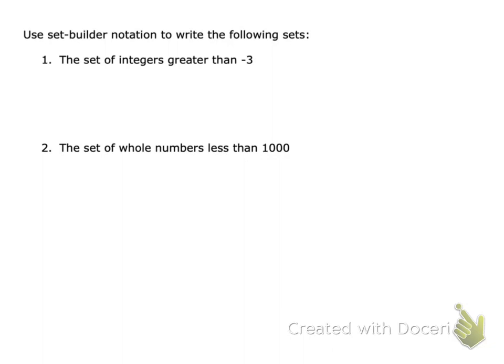We're going to use set builder notation to write the following sets. The set of integers greater than -3. So we need to have the set of all elements x such that x is an element of the integers, and x is greater than -3, and then we would close our brace.